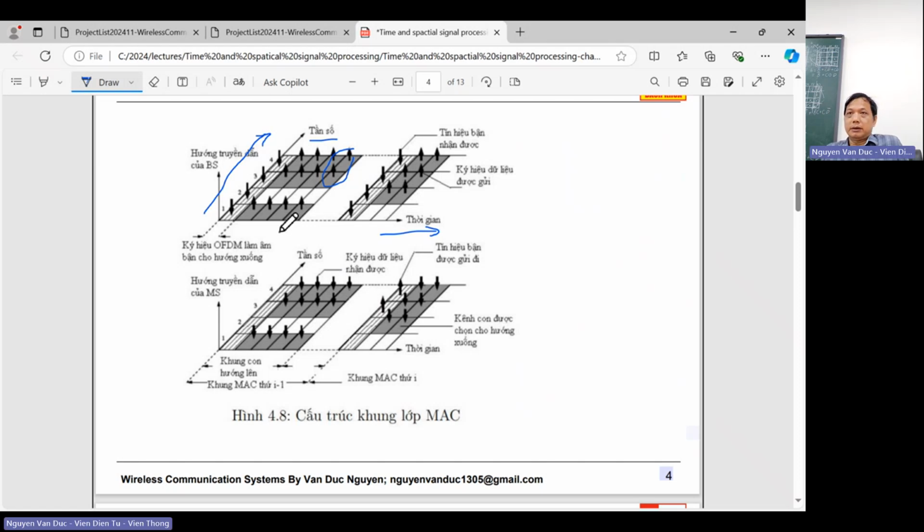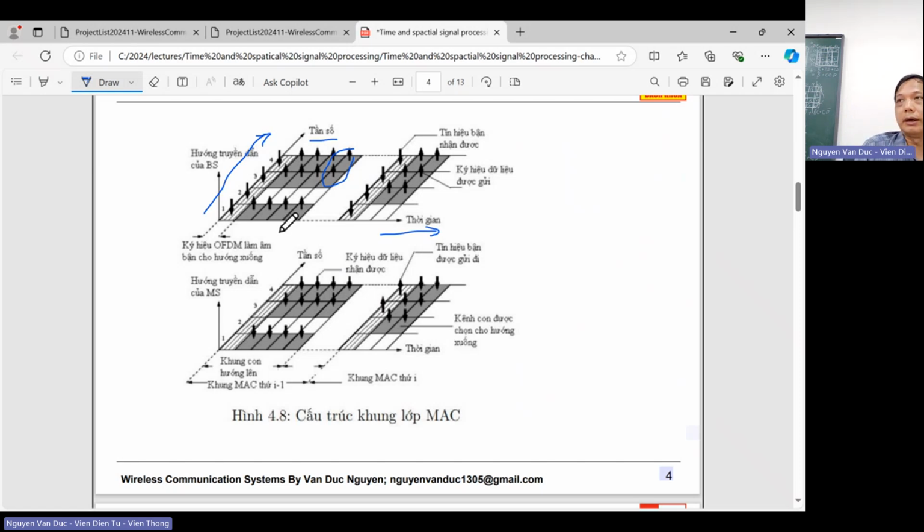However, you can present this signal in the frequency domain by using the Fourier transform. You get the point? So if we want to estimate the channel in the frequency domain, we need to transform the signal to the frequency domain in order to capture the signal there.